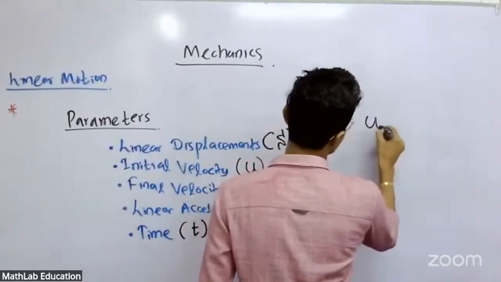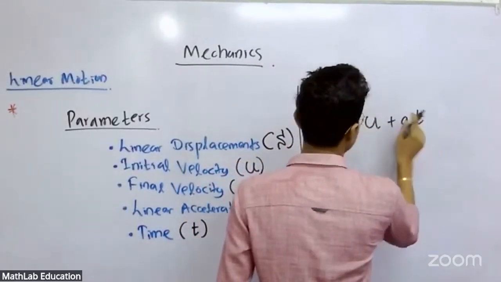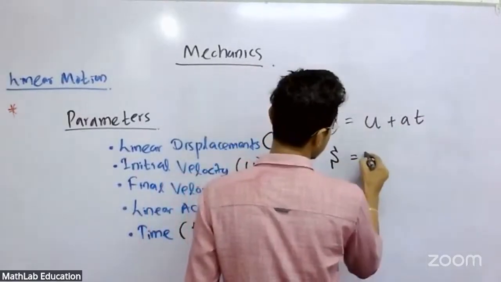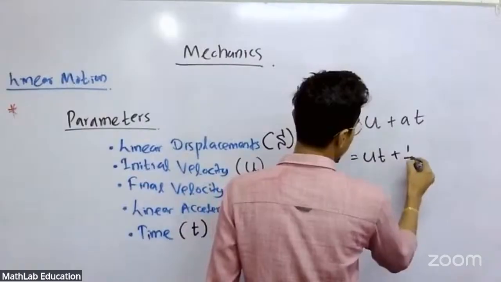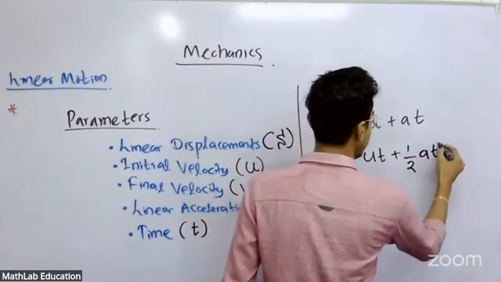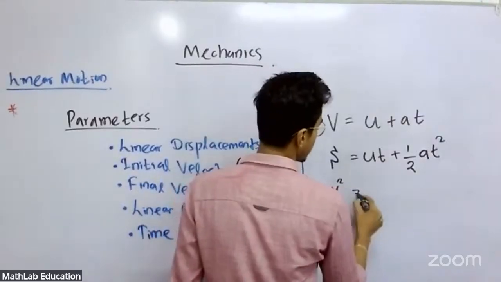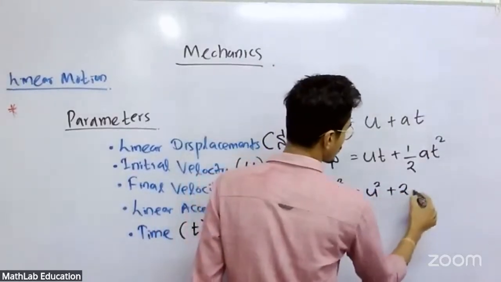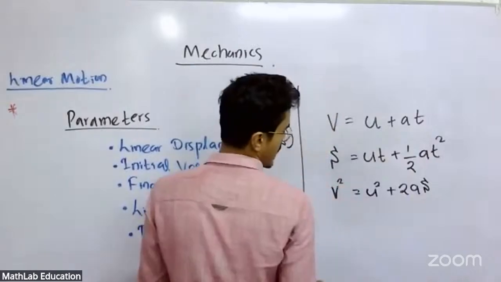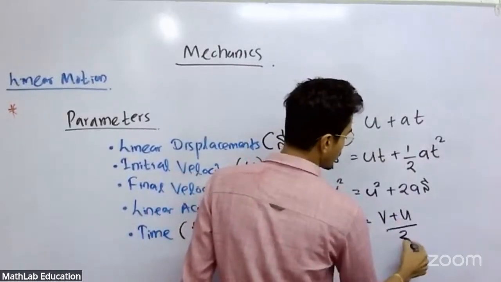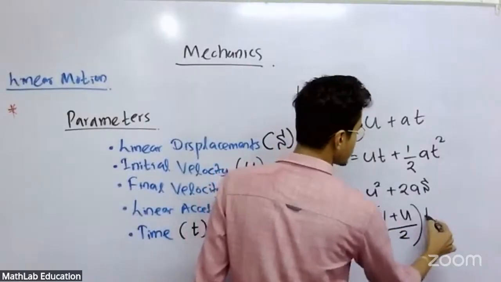First one, v equals u plus at. One of the linear motion equations. Second one, s equals ut plus half at squared. Next, v squared equals u squared plus 2as. And the last, s equals (v plus u) over 2, times t.